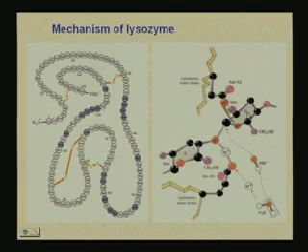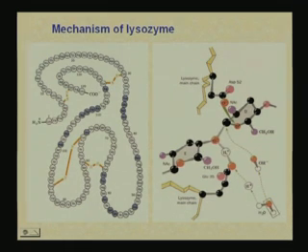Rings D and E are linked by what is called a beta 1,4 glycosidic linkage. This beta 1,4 glycosidic linkage links the NAG and the NAM residues together.